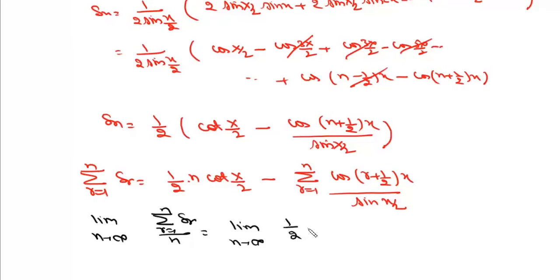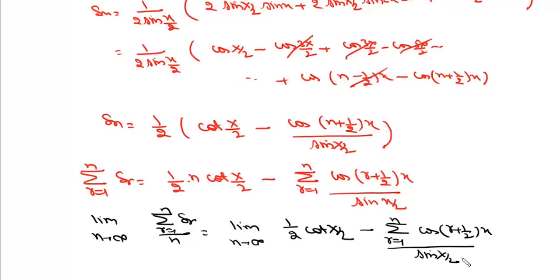This 1 by 2 cot x by 2, and then minus this summation r varies from 1 to n cos r plus 1 by 2x upon sin x by 2. And in the question it is given that x is unequal to 2k pi, that means this cos r plus 1 by 2 is not equal to 1.